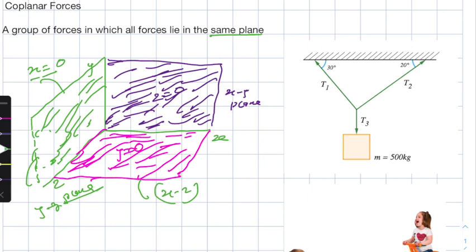In the example, you can see one mass, 500 kg, is suspended by two strings, T1 and T2, and this force direction, this one. And there are three forces, T1, T2, and T3, and they lie in the same plane.